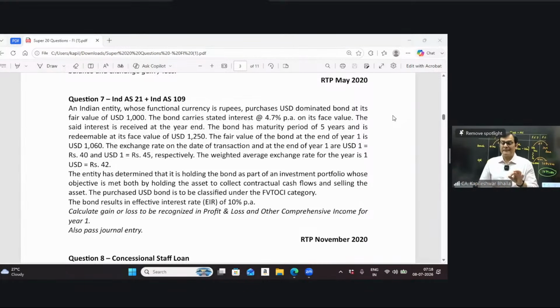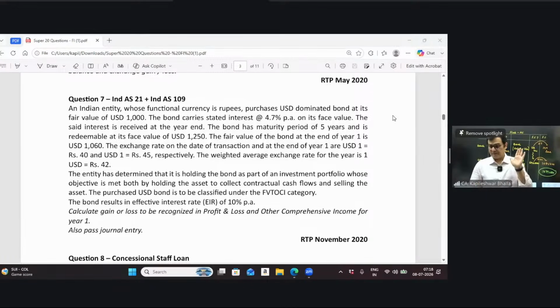The bond carries a stated interest rate 4.7% on the face value. The said interest is received at the year end. The bond has got a maturity of 5 years and is redeemable at a face value that is $1,250. The fair value of the bond at the end of first year is 1060. The exchange rate on the date of transaction as well as at the year end and the average exchange rates are given.